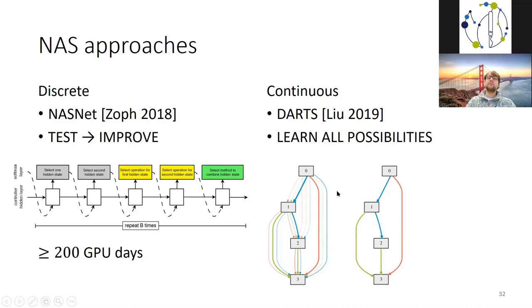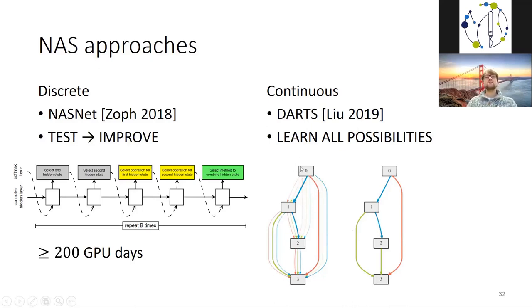This is the continuous approach, where we train the continuous model that includes all possibilities and then discretize the best version of that. And that takes roughly 4 GPU days, so that's much, much quicker.